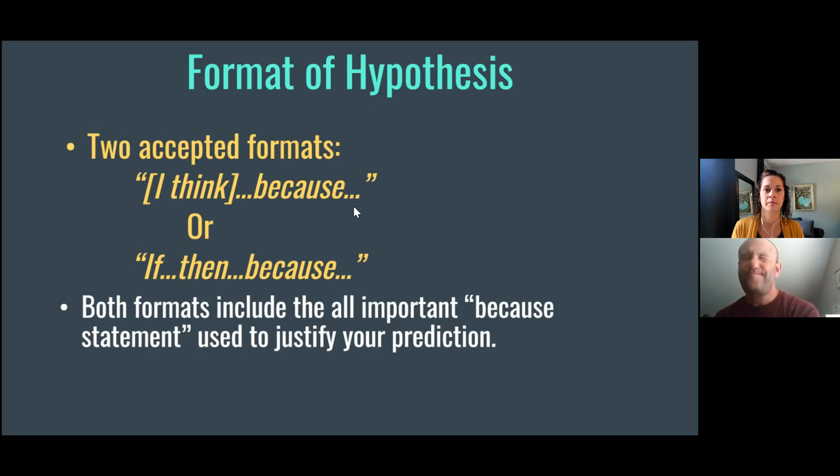Now, the important part here is most people use the bottom one because when we write scientifically, we usually do it in 3rd person. But if you're just thinking out loud, you might say, I think this because, okay? And because is important because it's used to justify what your prediction is.